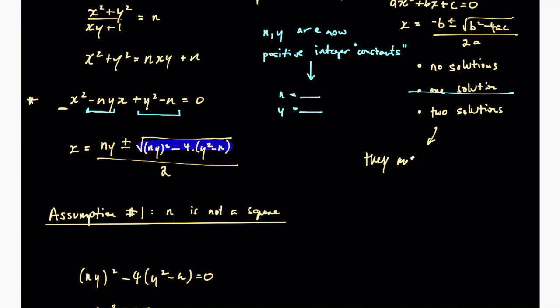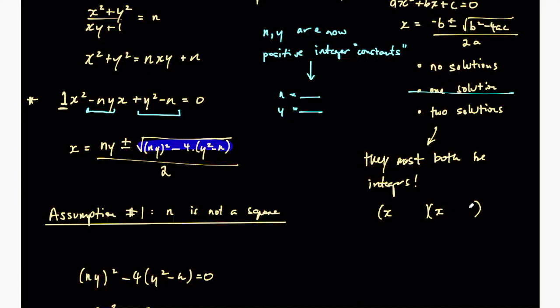So they must both be integers. And I can briefly explain why this is, mainly because this coefficient of x squared is 1. And if a quadratic has two solutions, you can always factorize it into two brackets. And because that coefficient of x squared is 1, the first terms in these brackets are x and x.